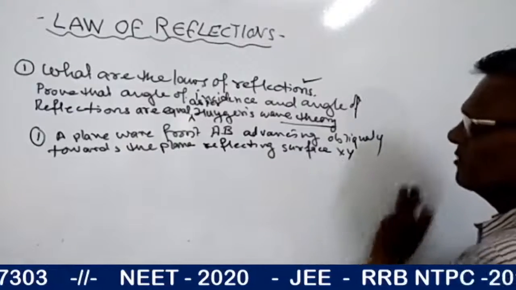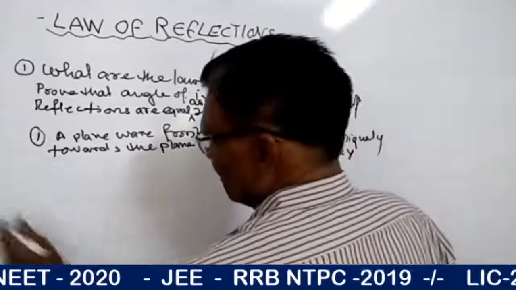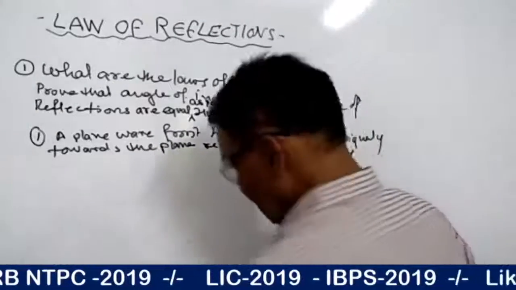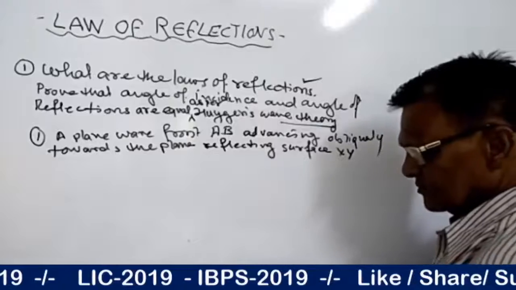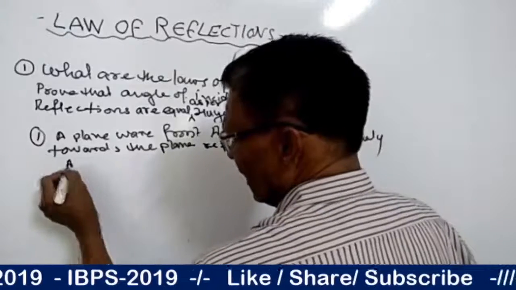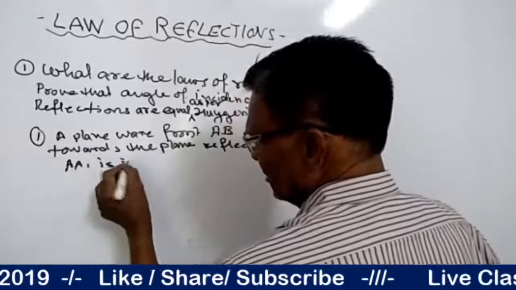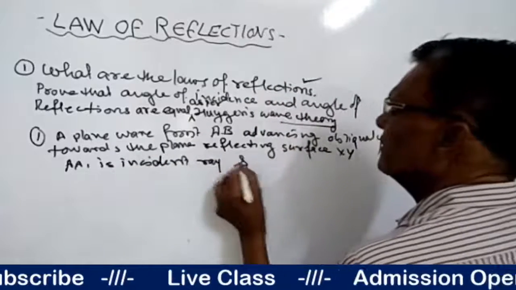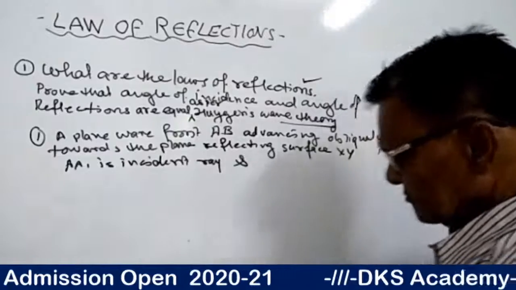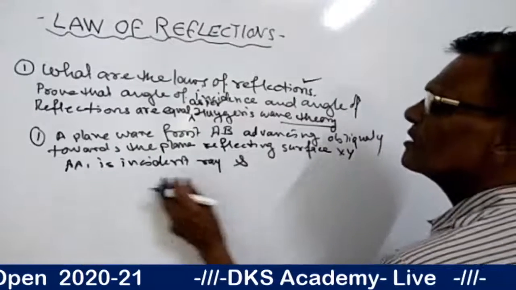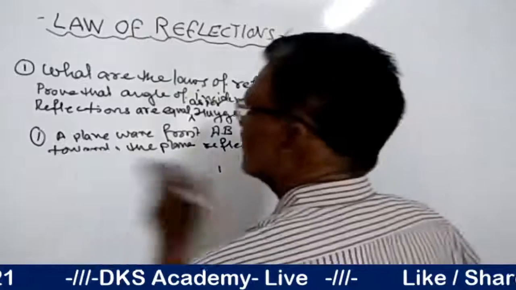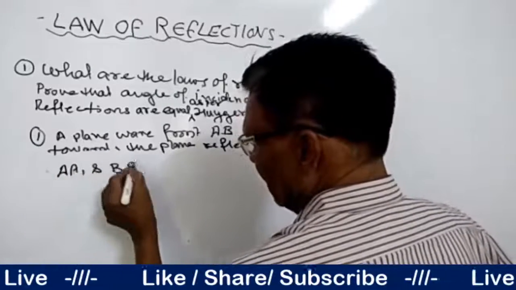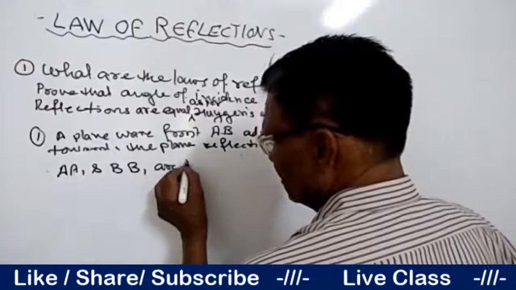That is your plane surface at which the incident ray comes and is reflected back. Then next, you can say A1 and B1 are incident rays.